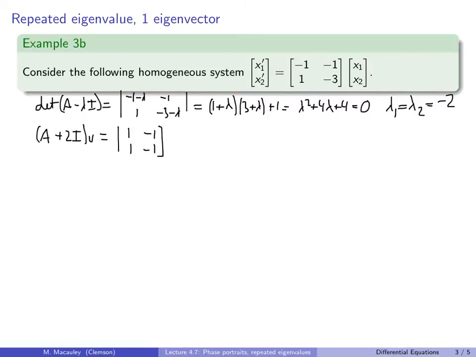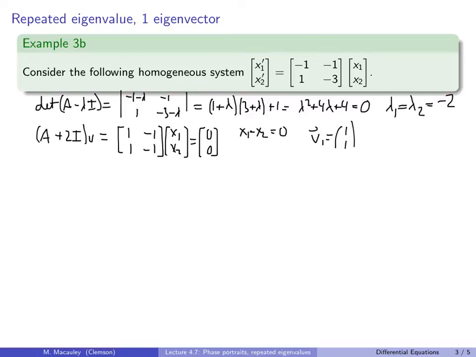Actually, I should make that a matrix and not a determinant. Times x1, x2 equals 0, 0. So we have that x1 minus x2 equals 0. So we get that x1 equals x2. So v1 is 1, 1.